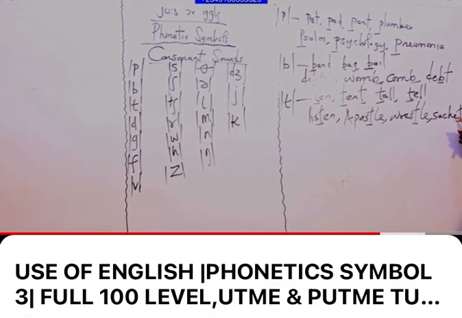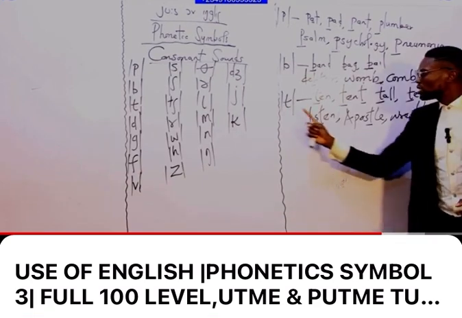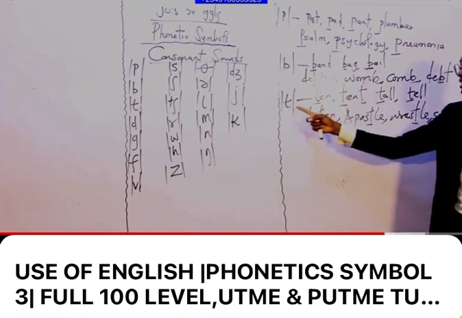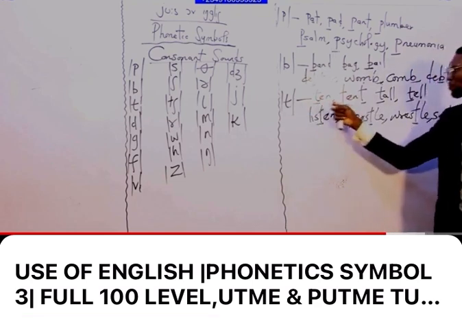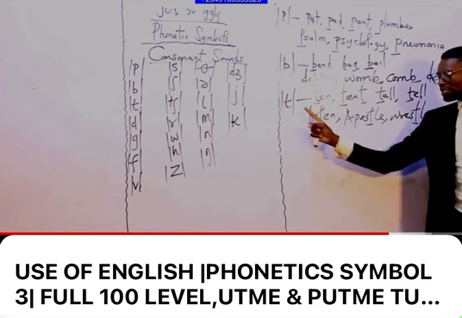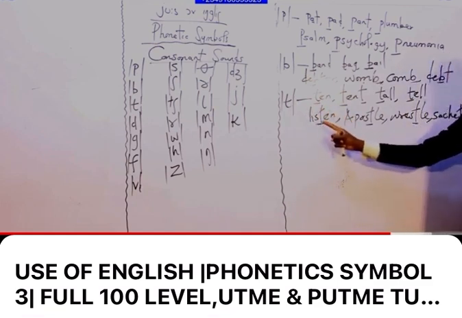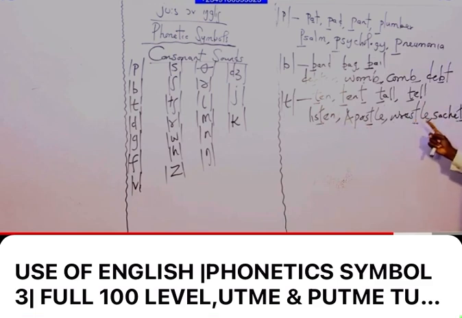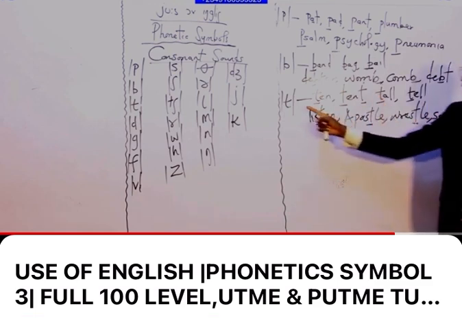The T here is voiceless. So under the signs that are voiced, we have ten, tenth, tall, tell. These are voiced. But for voiceless, we have listen, apostle, wrestle, sachet, and these are what we have.